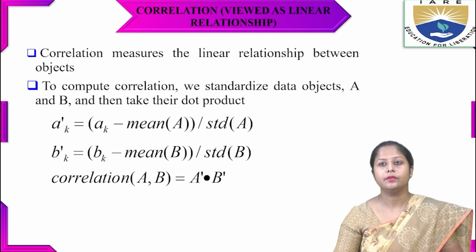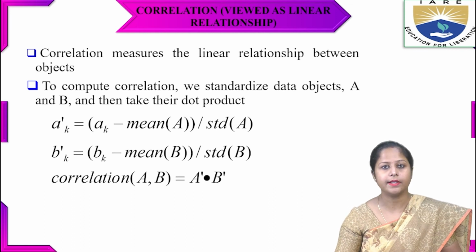Correlation viewed as a linear relationship. When we take some of the fields as a linear relationship, correlation measures that linear relationship between the objects. To compute correlation, we standardize data objects A and B and then take their dot product.